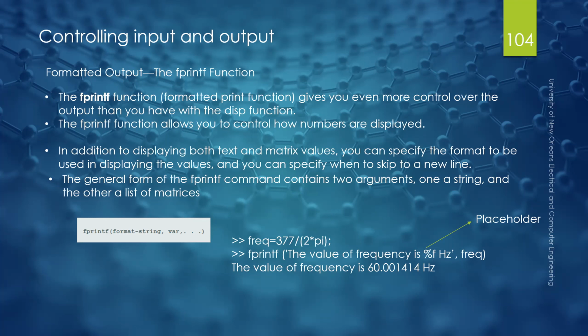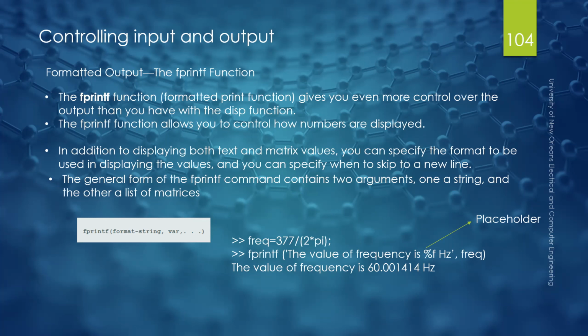So when the fprintf function sees a percentage inside the single quotes, it understands that it has to look for a variable. It tells the code to look for a variable, and that variable is going to follow after the comma.